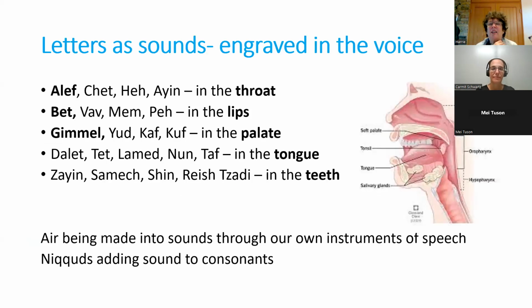Last week I said that we talk about letters, particularly in Sefer Yetzirah, as engraved in the sound, in the voice, and engraved in different parts of the speaking apparatus, because we humans are the ones that can speak, and we're here because we can pray.